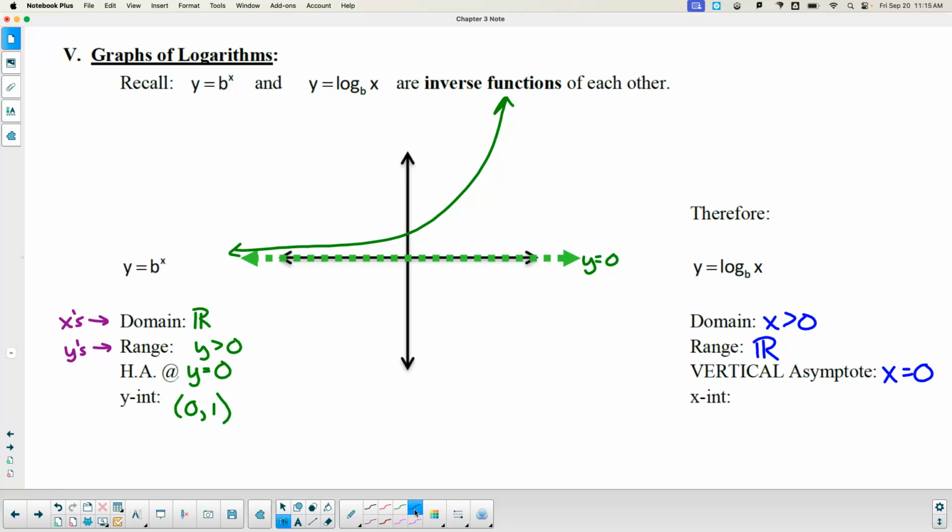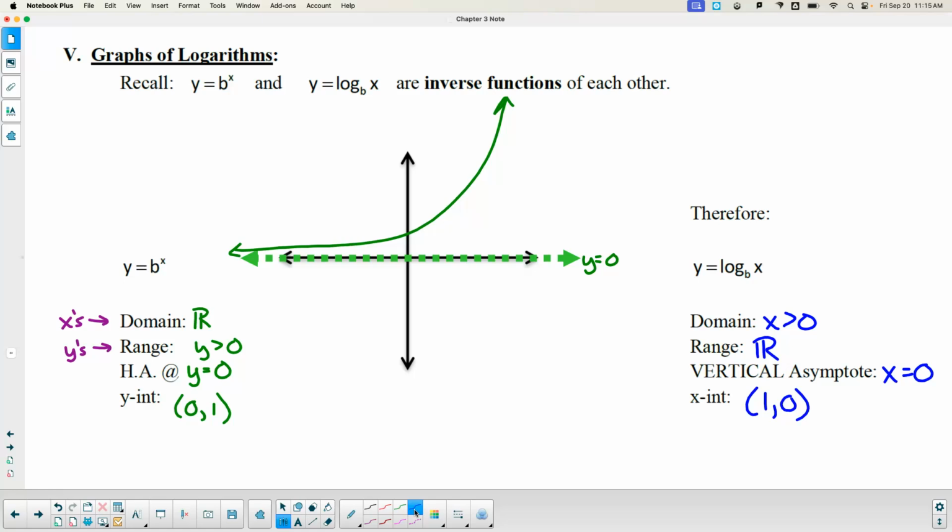Now, instead of having a y-intercept, because all y's become x's, now I'm going to have an x-intercept. Where is the x-intercept going to be? Say it louder, Ed. 1, 0. Exactly.